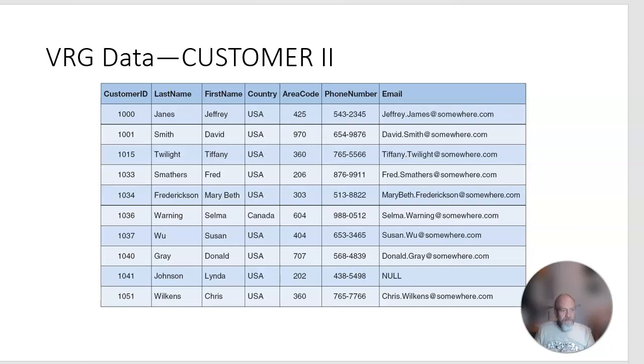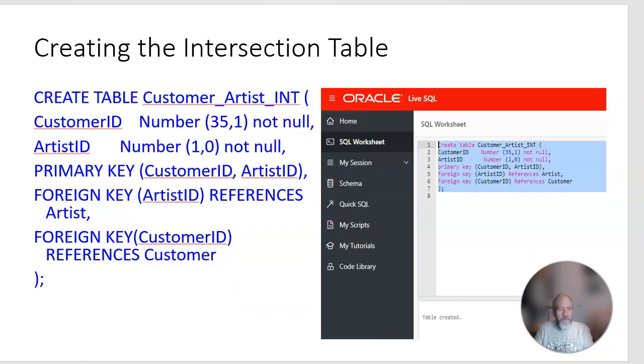Now, the intersection table. Here's a way to do the intersection table. Customer artist, which is an intersection table between the two. Now, what we've done is we said here's the customer ID, here's an artist ID, and we said that the primary key is a joint primary key of customer ID and artist ID. Personally, I would not have designed it that way.